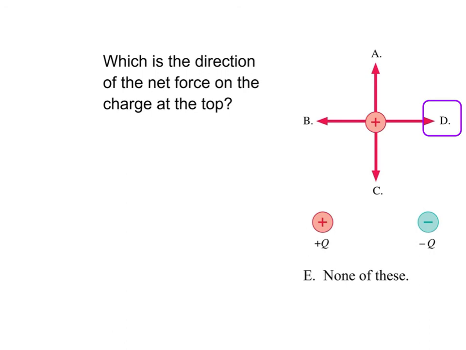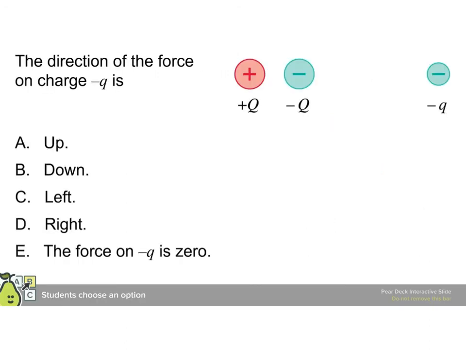All right, and here we have the charge. The direction of the force on the minus q charge is which of these? We see, of course, that, well, I'm going to give them different colors. So this versus that.